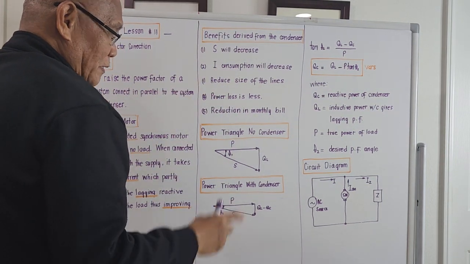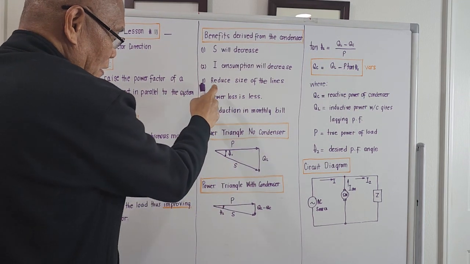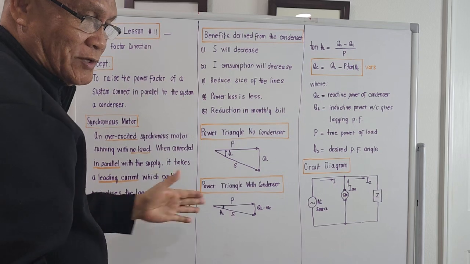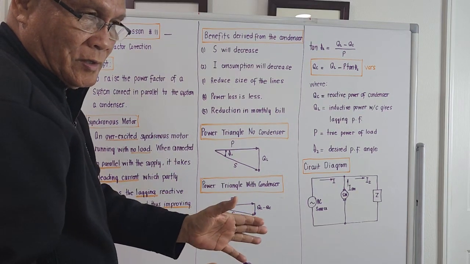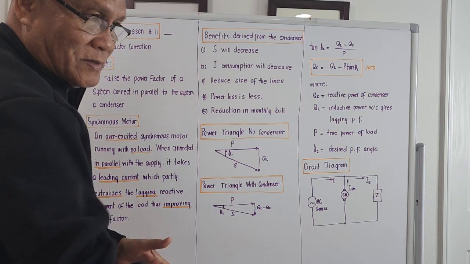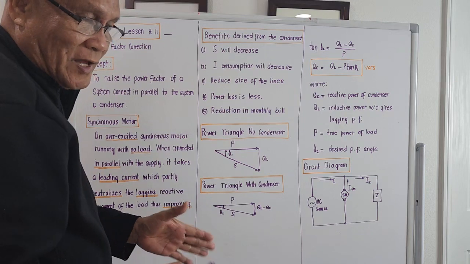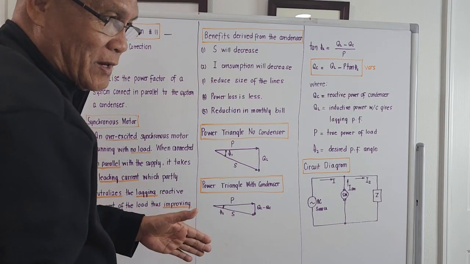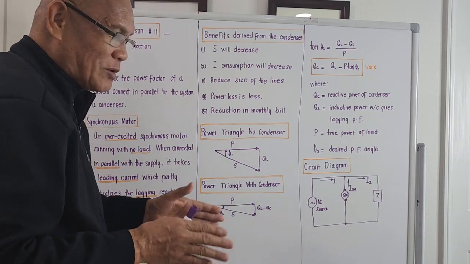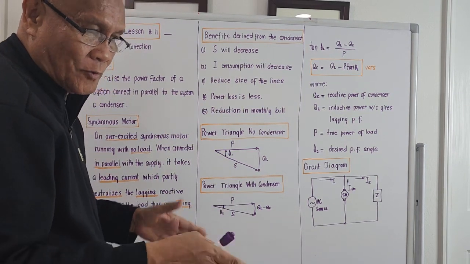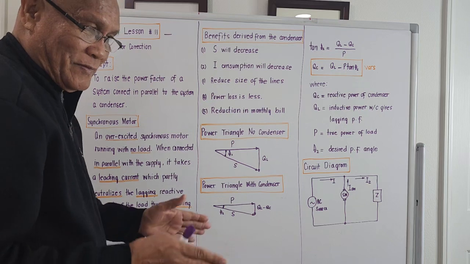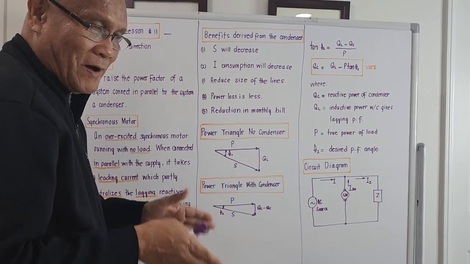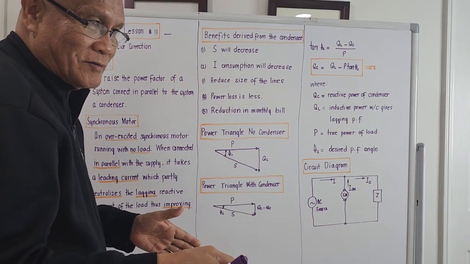Number three, reduced size of the lines, meaning the transmission lines or the feeder lines used to serve us. The size of the wires will be less, and if the size of the wires will be less, of course the money spent buying that line will be less, so you save money.